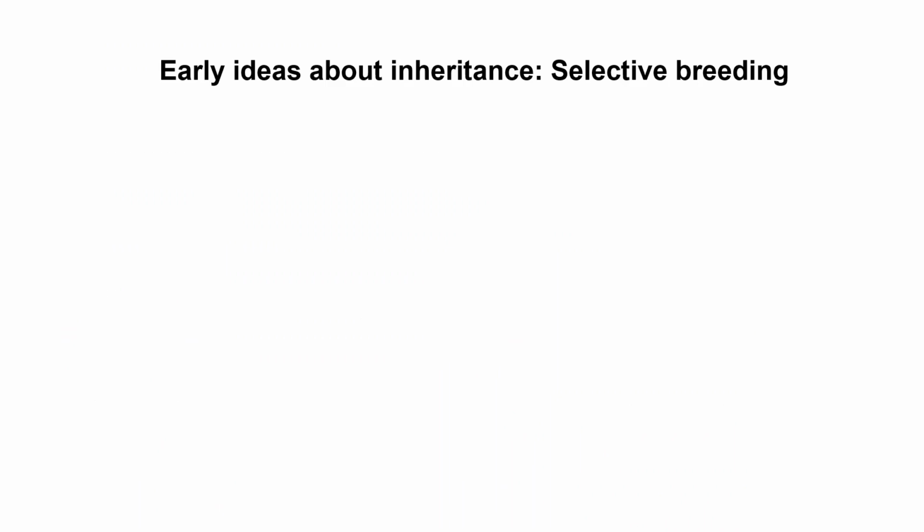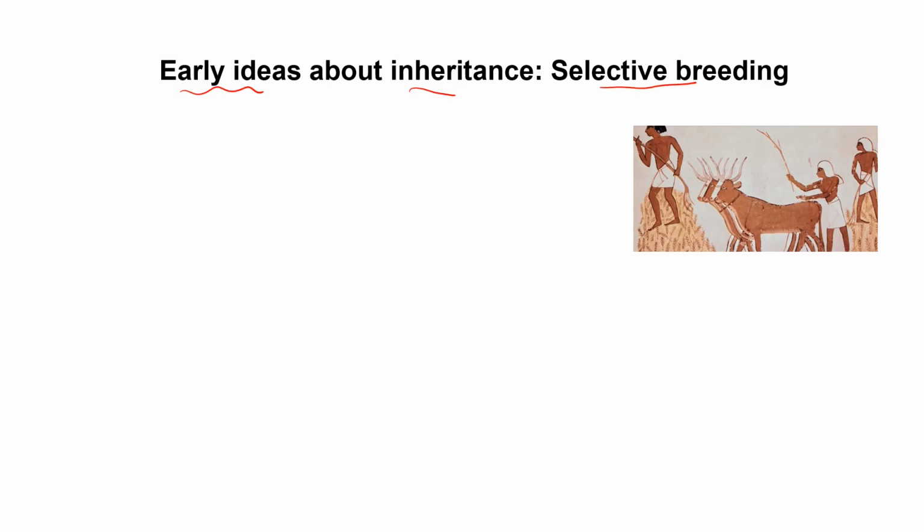As I said before, the earliest ideas about inheritance come from selective breeding, and we have very strong archaeological evidence that showed that domestication was used a long time ago. So we have camels, we have horses, we have pictures with dogs, cats, and it's pretty obvious that we were using animals from a long time ago.